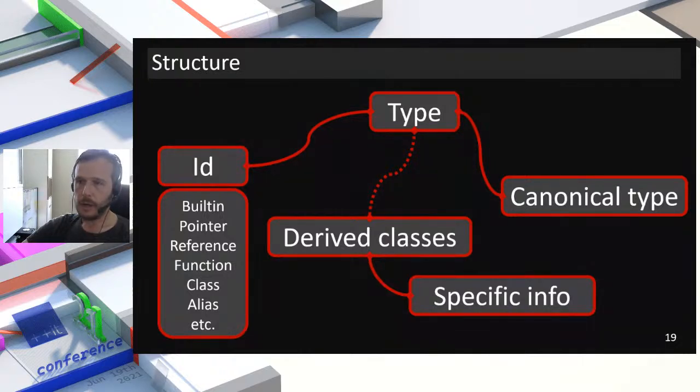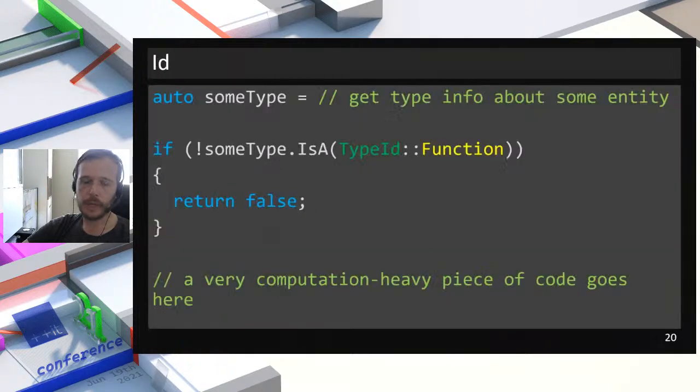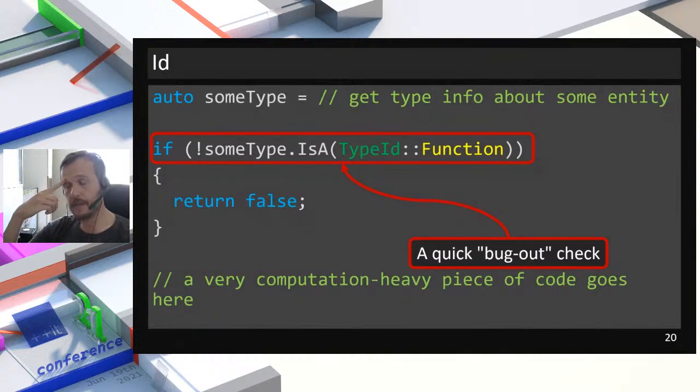But anyway, before we talk about the class hierarchy and its parts in more detail, let's see the same thing as before. We've got some type, and we want to get out of here if it's not a function. And again, the same question, is this a function or not, a quick bail out check?